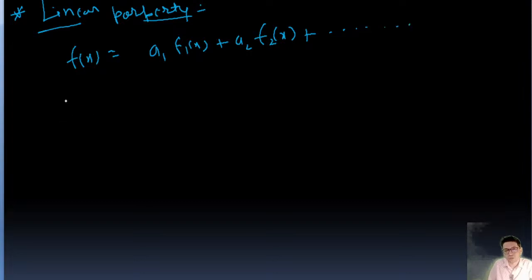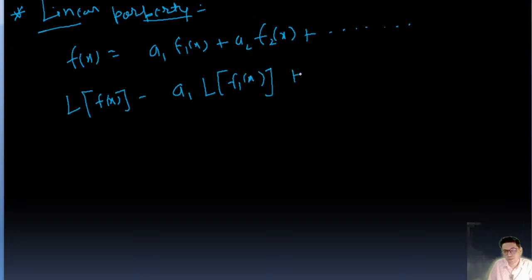Then the Laplace transform of f(x) is going to be a1 times the Laplace transform of f1(x) plus a2 times the Laplace transform of f2(x) plus so on. This is the linear property.